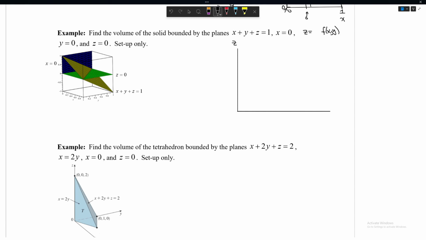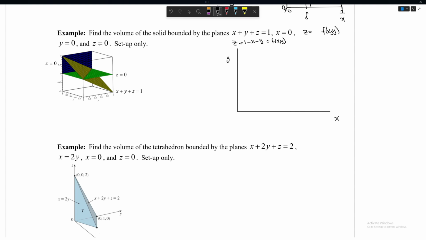So our z equals 1 minus x minus y. Now this equals my f of x y. Okay, and so now we're just gonna set this as my y, set this as my x.